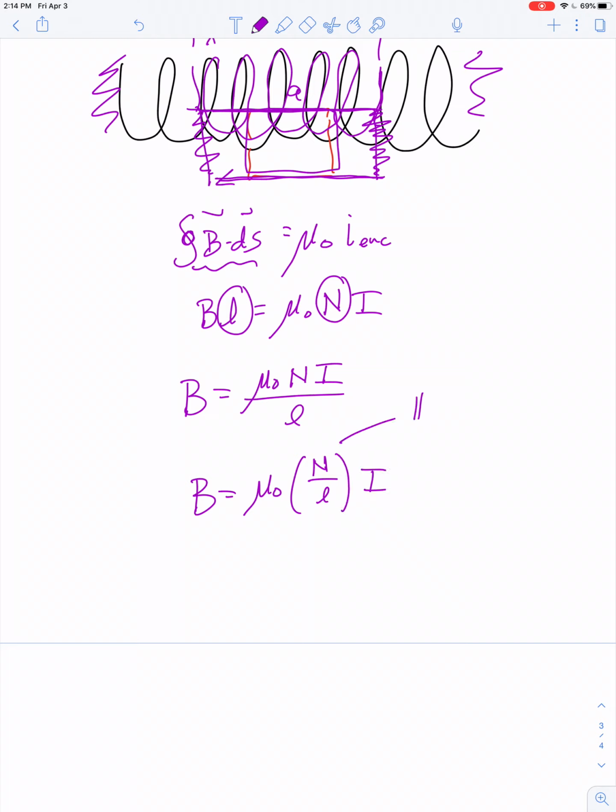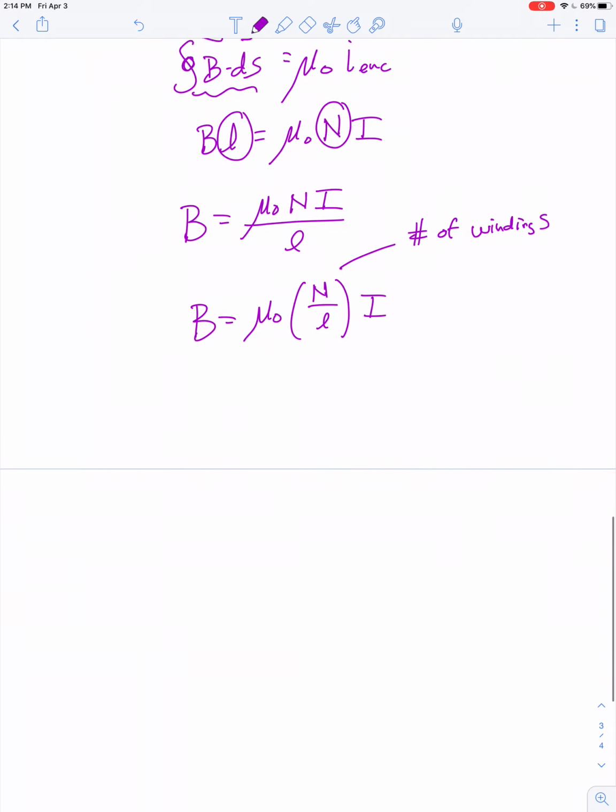So N represents the total number of windings or turns. We can introduce a new variable, lowercase n, which is like the density of windings. In other words, the number of turns per centimeter, or the number of turns per meter, or whatever length you choose.